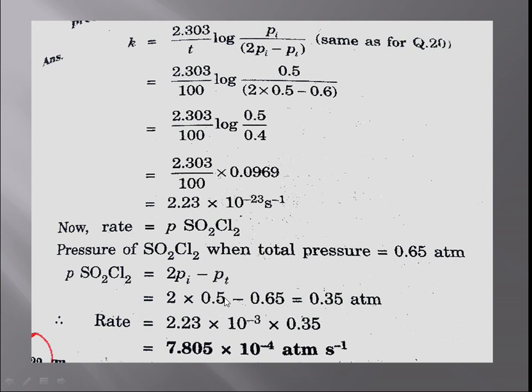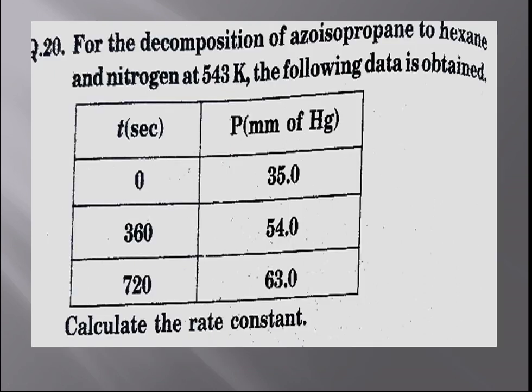Now put the value of Pt 0.65, so it will give the partial pressure of SO2Cl2 0.35. So rate is equal to k into partial pressure of SO2Cl2, so the result is 7.805 into 10 raised to power minus 4 atm per second. So in this manner we can solve this question.